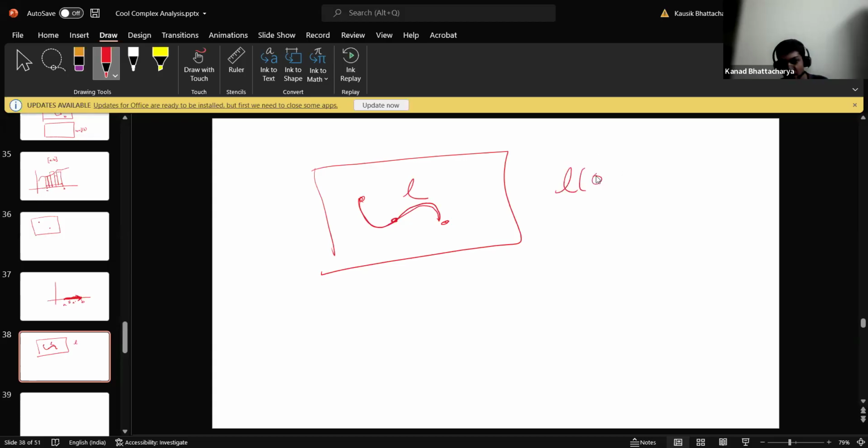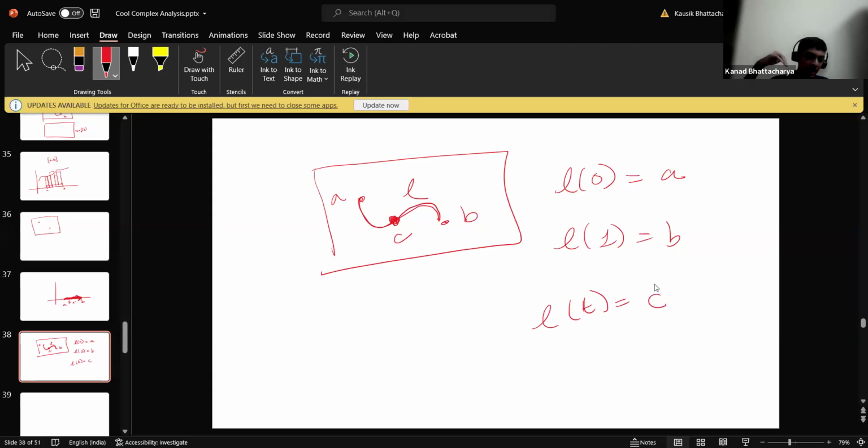So let's say L of 0 gives the point A, L of 1 gives the point B, where A is the initial and B is the final point, and L of t gives some point, let's say C, along the path. So what we're assuming is that we can characterize the path with some nice function which is smooth, you can differentiate it.